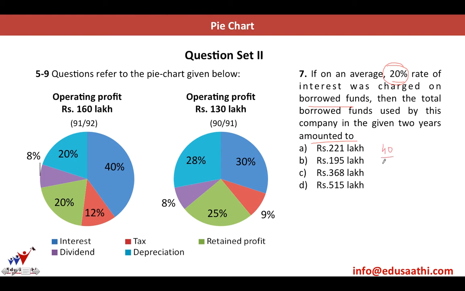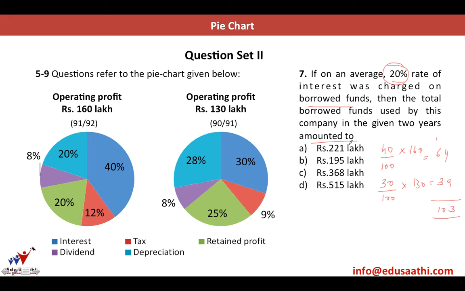We've already calculated this in the previous question. So this was 40 by 100 into 160, which is 64, and 30 by 100 into 130, same as the previous question, which is nothing but 39. When you add these two up, you will get the answer as 103 lakhs.